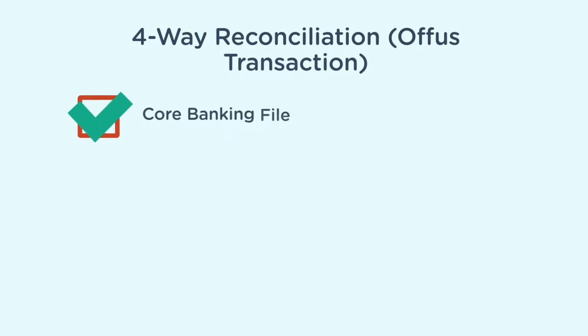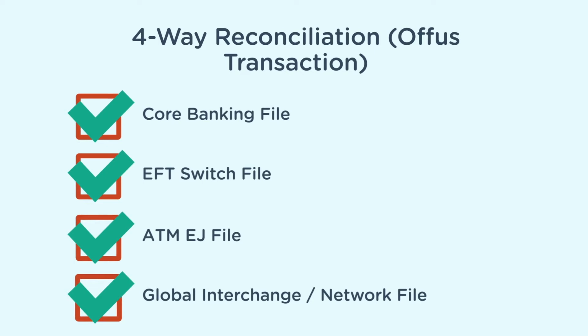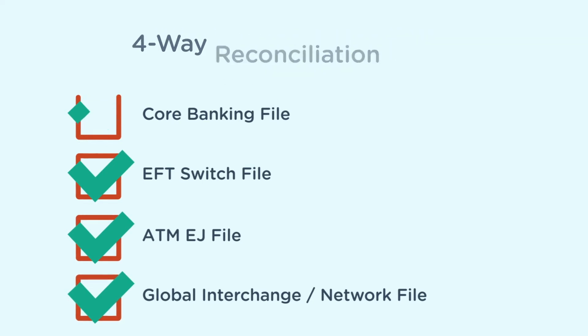And finally 4-way off-us transaction reconciliation for core banking file, EFD switch file, ATM EJ file and global interchange or network file.